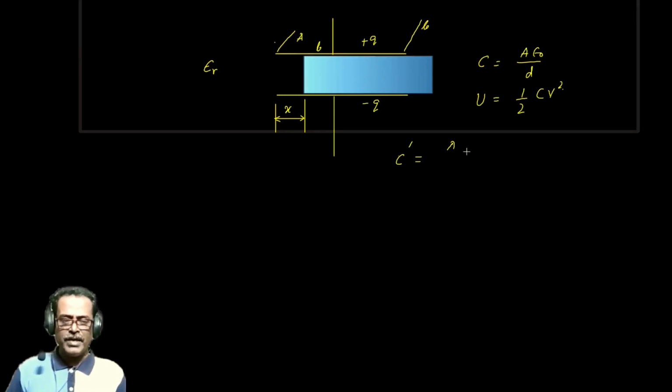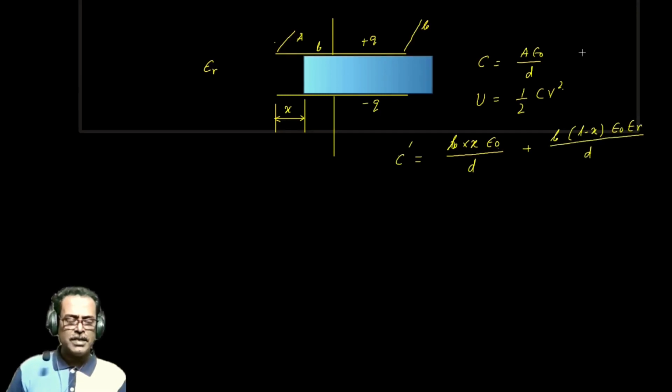One has area B into X, with capacitance B X epsilon 0 divided by D, and another B into L minus X into epsilon 0 epsilon R divided by D. And this C can be written as L into B epsilon 0 epsilon R by D.